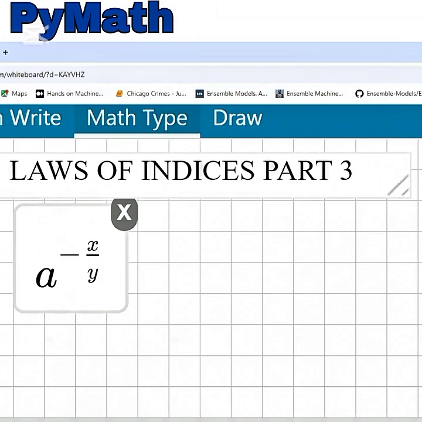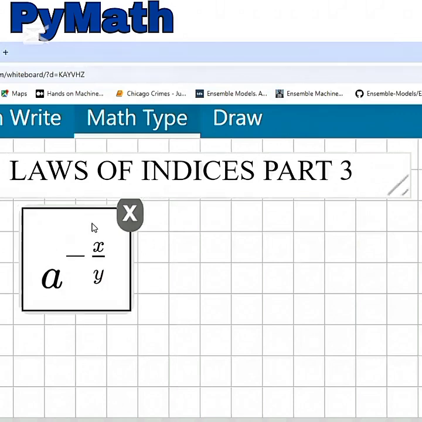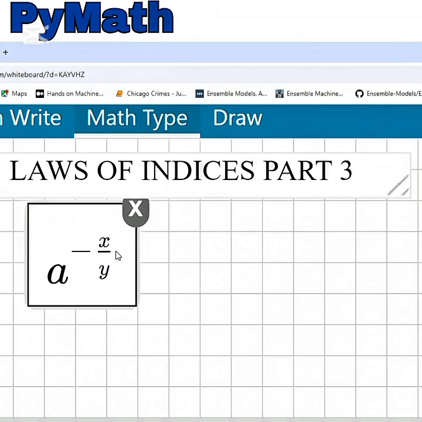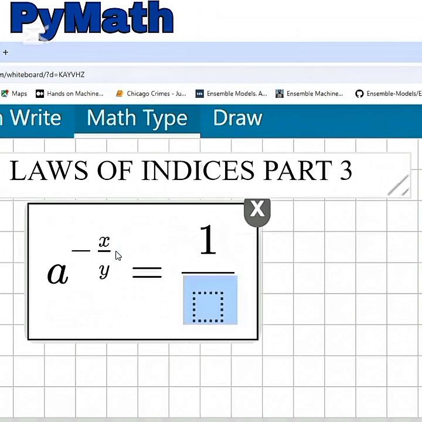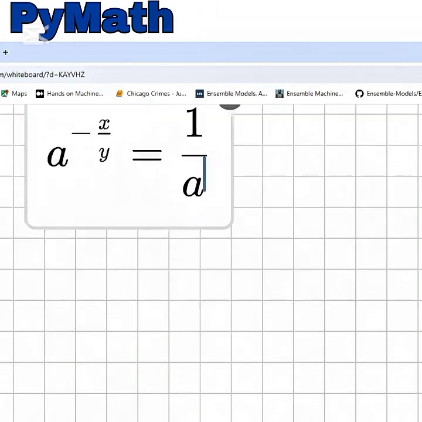To express this, we need to be mindful of the negative index. The way to do this by the law of indices is to first get rid of the negative sign in the index. To do this, we set a to the power of minus x over y equal to 1 all over a to the power of x over y.